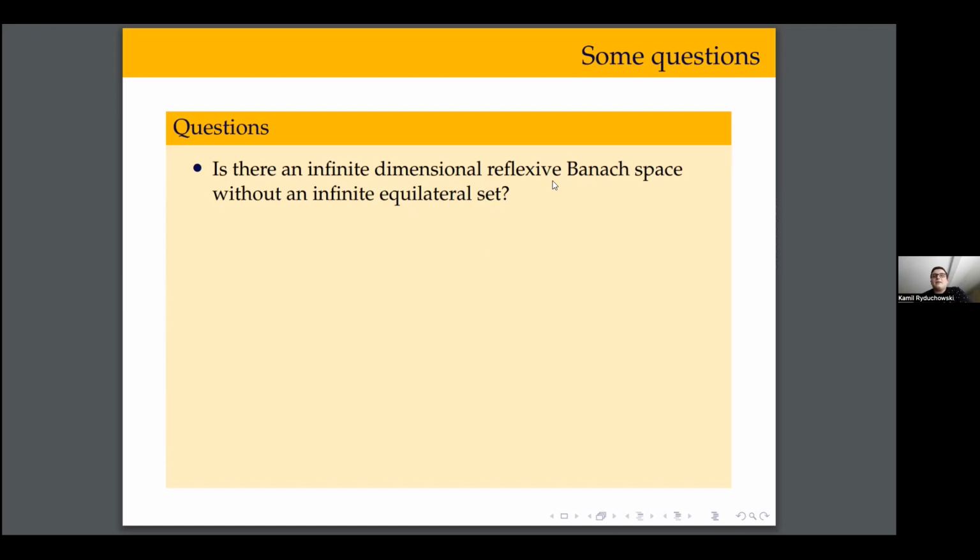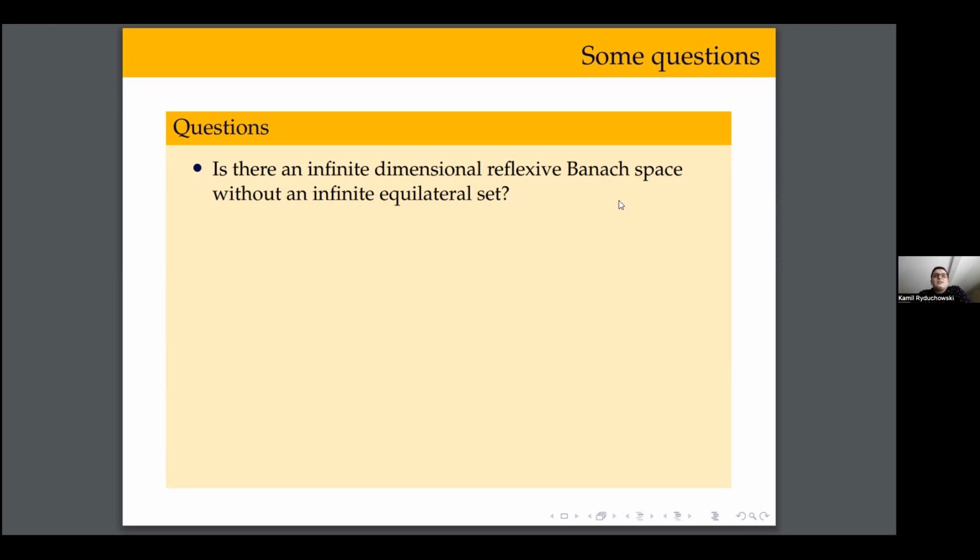There are examples, the one I mentioned of Terenzi, of infinite dimensional but very non-reflexive Banach spaces without an infinite equilateral set. There are also other examples by Merkoutakis and Vassiliadis, I think, but there are no reflexive examples as far as I know.